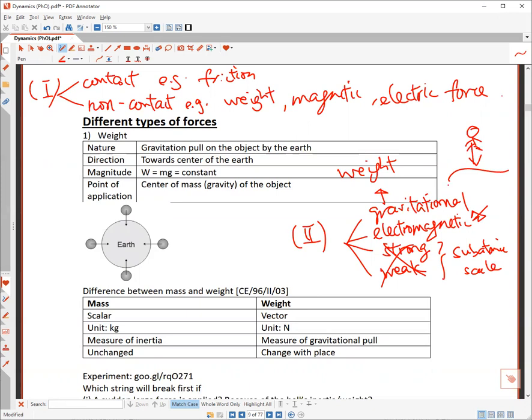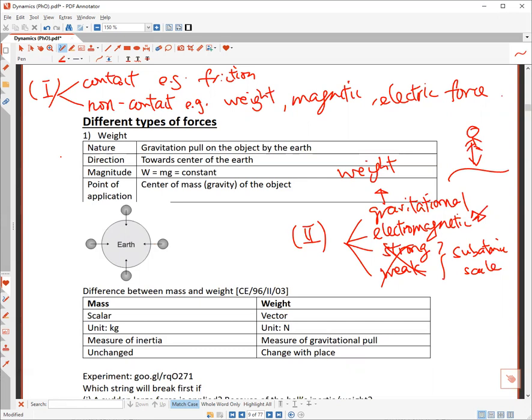So most of the forces are electromagnetic force. We can talk about this later on. After introducing different forces, you will know why we say that they are all different types of electromagnetic force. So the first one is the weight.